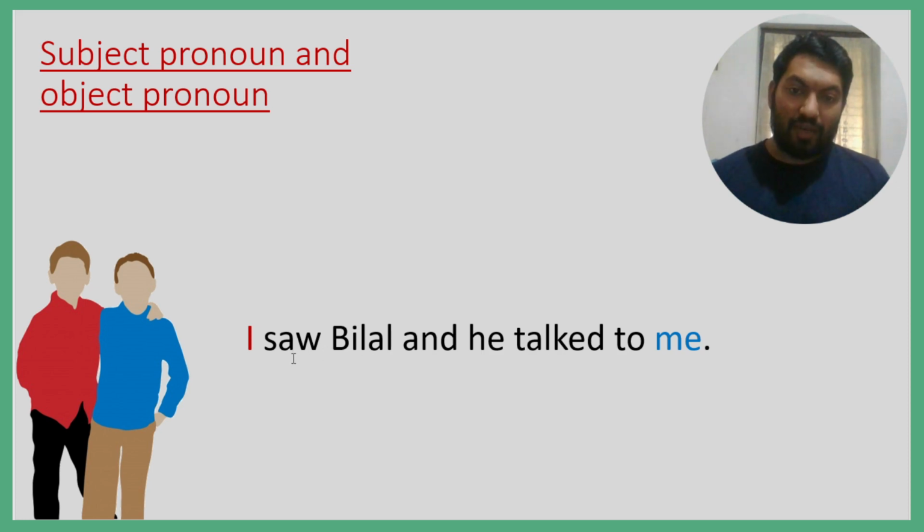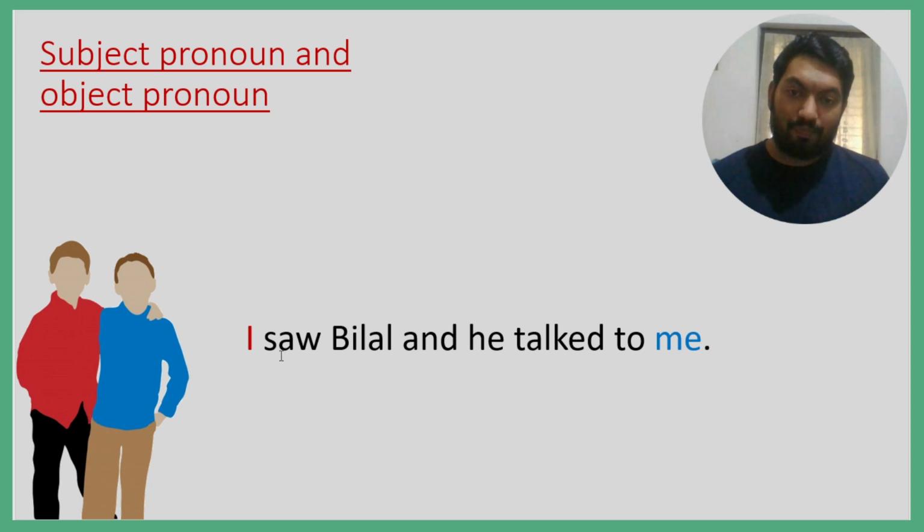A very simple way to understand whether it is a subject or object is to look at the verb in the sentence. If the noun or pronoun comes before the verb, it is a subject pronoun. If the pronoun comes after the verb, it is an object pronoun.